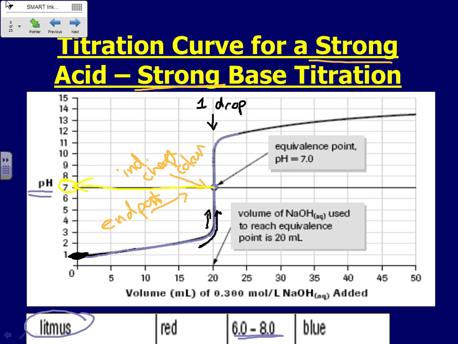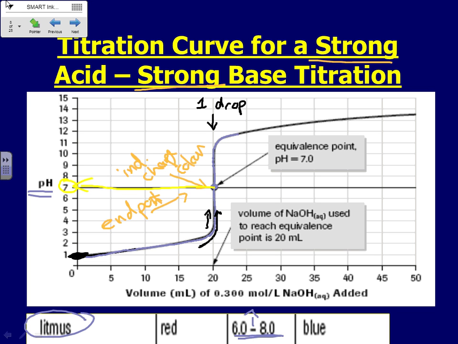If we could get some litmus in a liquid form, and you can, we could use litmus to indicate that pH of 7 change, and that would tell us when we have the same number of moles of acid and moles of base. So there's an introduction to how indicators work, and also an introduction to titration curves.